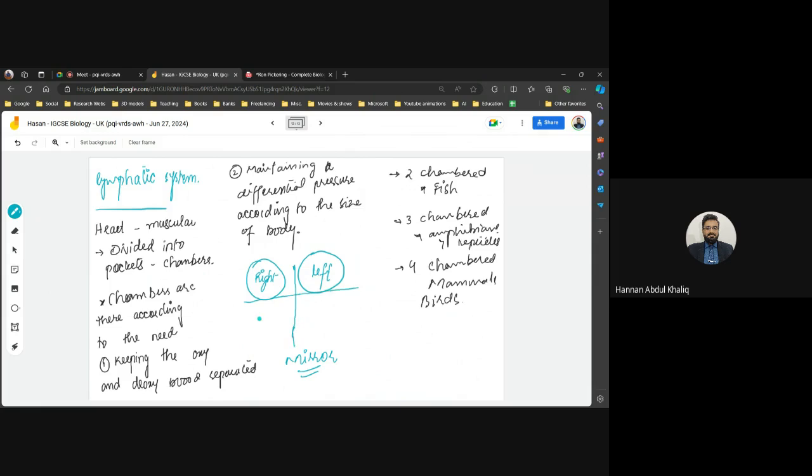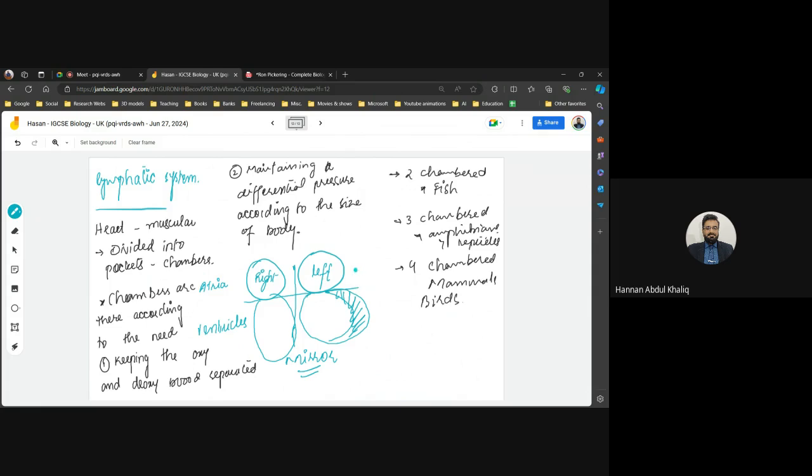So right, left, and then we divide it horizontally. When we divide it horizontally, the upper part is called the atria, or singular atrium, and the lower part is called the ventricles. The lower part is quite large, and it is quite stronger as well.